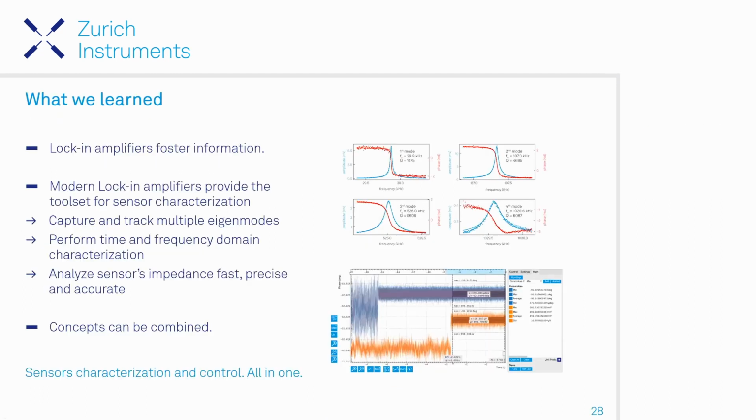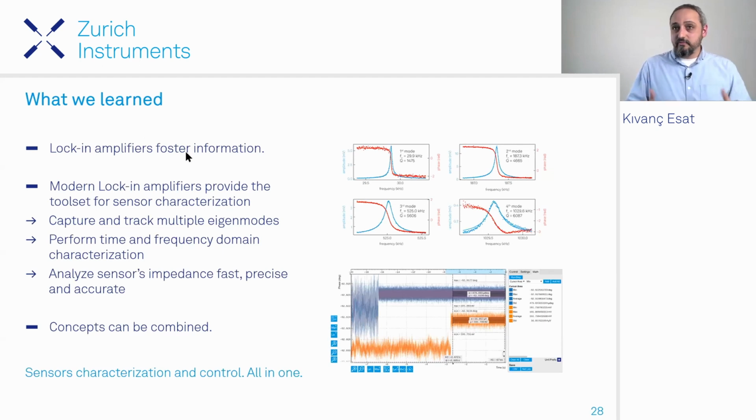Thanks, Tomas, for the great presentation. So what we learned today, we looked into lock-in amplifiers and we saw that they actually foster information in a noisy environment to capture the information from the sensor. A modern lock-in amplifier also provides the toolset for sensor characterization. For example, in the example I mentioned, we can capture and track multiple eigenmodes, as Tomas also mentioned.